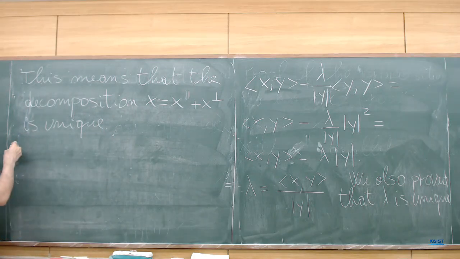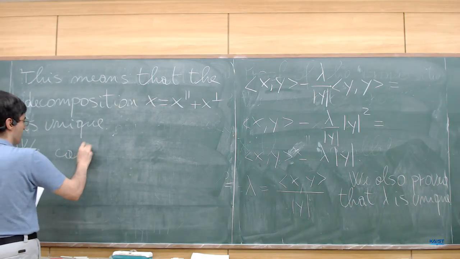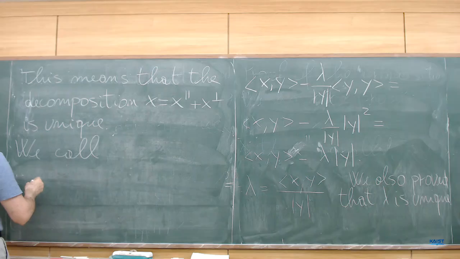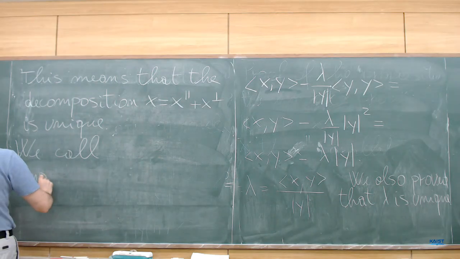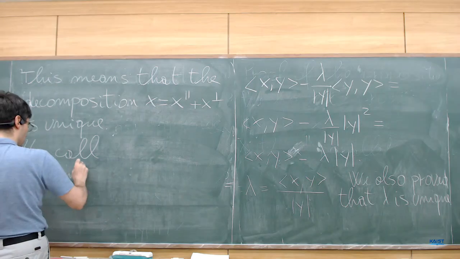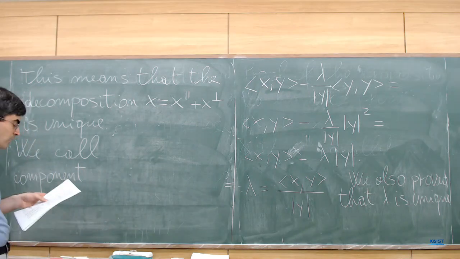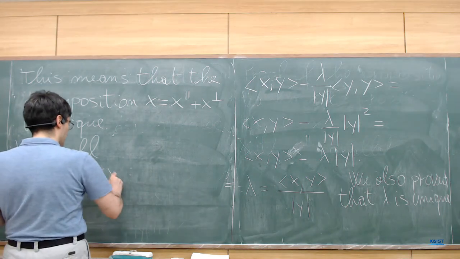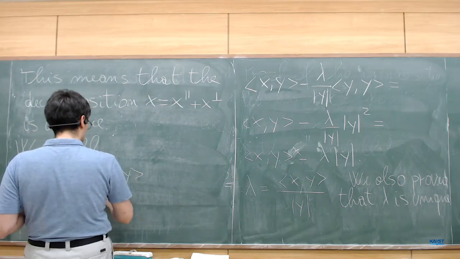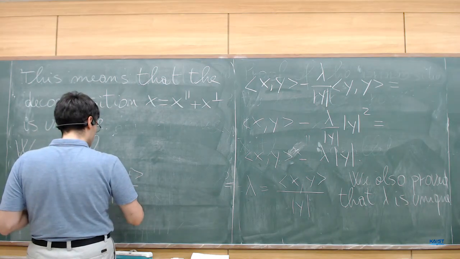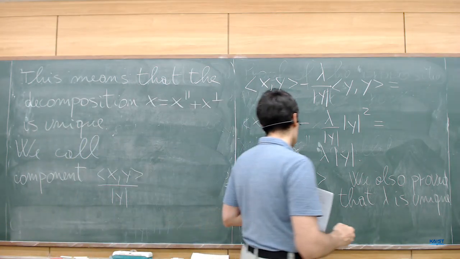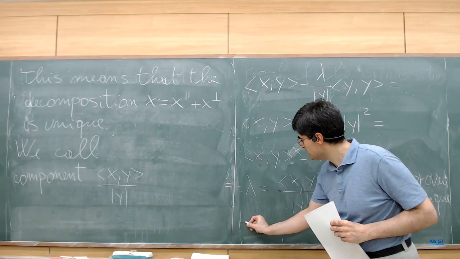Okay, we call component of x in the direction of y the inner product of x with y divided by the length of y. It is exactly what we got here.